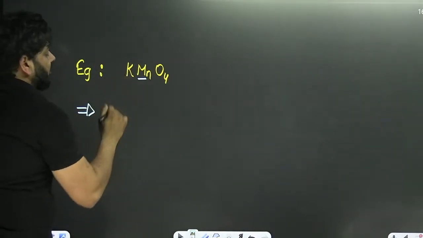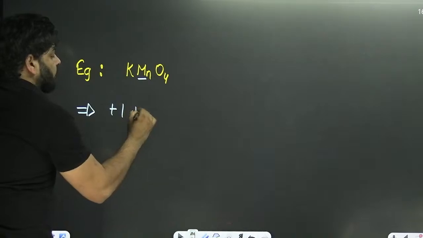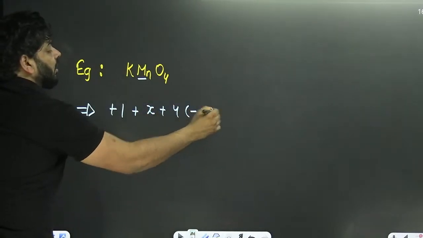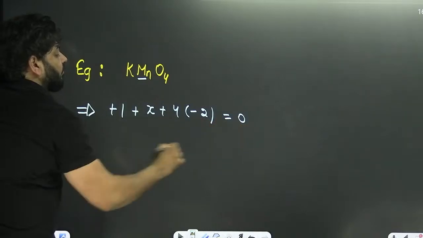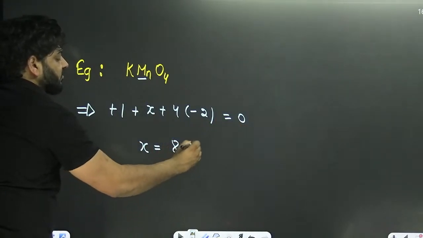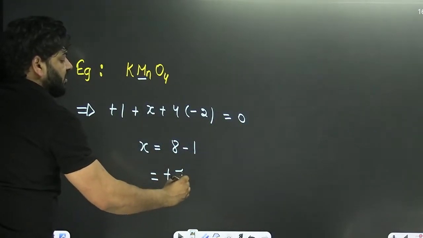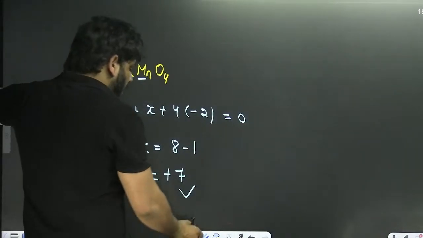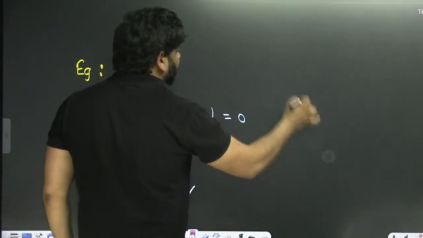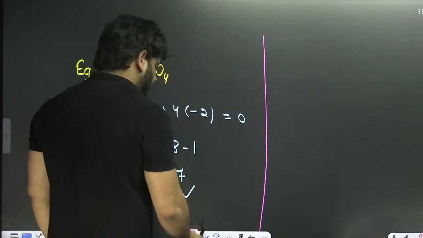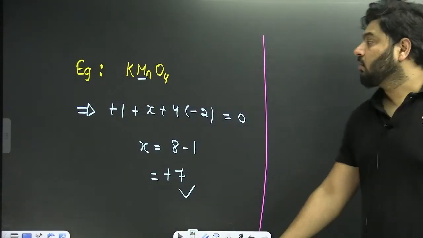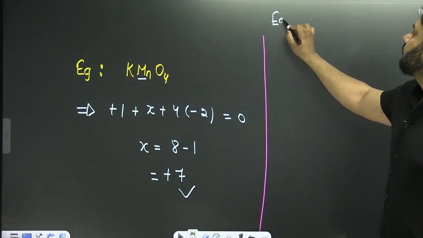So this is positive 1 plus x plus 4 times -2, and this should be equal to 0, and x comes up as 8 minus 1, which is positive 7 oxidation state. I hope you people are now equally comfortable finding oxidation states of any given compound.